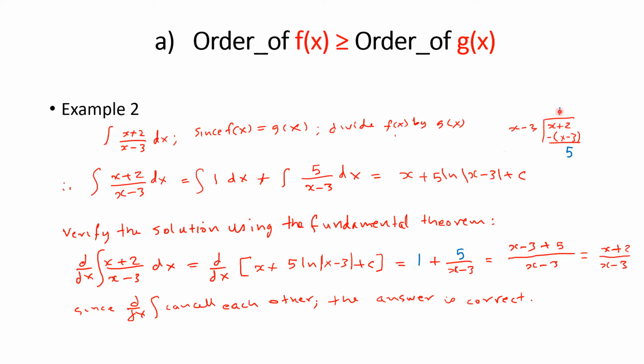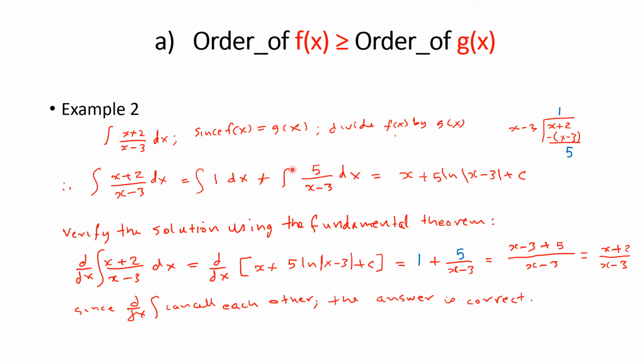So we get the answer is 1, and that's why we put just 1 here, because (x + 2) divided by (x − 3) is equal to 1, and the remainder is equal to 5. So we already went through how this one is processed, but then we'll just jump over here.